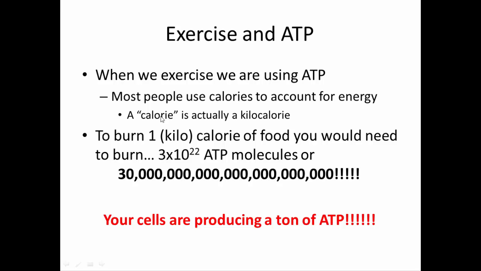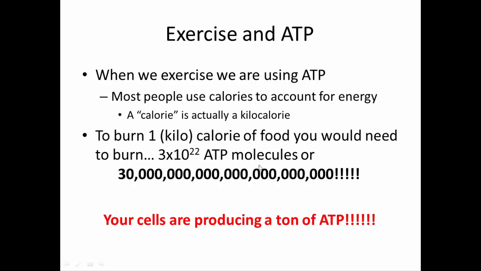To burn 1 kilocalorie of food, you would actually need to burn 3 times 10 to the 22 ATP molecules. If you've ever done scientific notation, you know that 10 to the 22 is an insane amount of ATP. I've written out the actual number, and you can see that it's many, many zeros long.